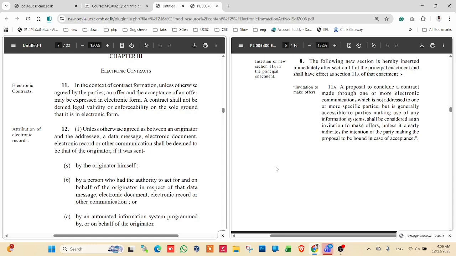Give some example, a very random example, like a software solution. Okay, let's start with this. I'm going to tell you, I'll deliver you this laptop if you give me 500,000 rupees. Is that a contract, if I say it verbally? Yes or no?